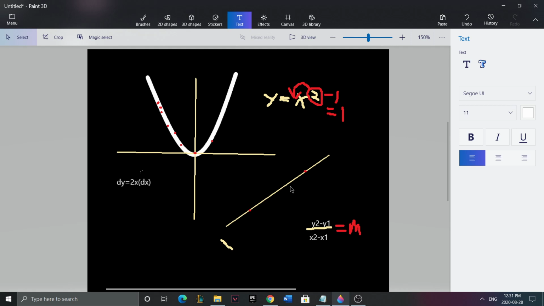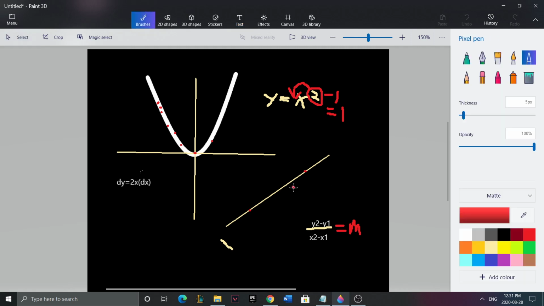So if this line is equal to x, your 2x would be something like this. It would be a lot steeper, because as this number increases, your line becomes steeper and steeper. And as this number becomes a fraction, say 0.5, it would be a very different line. You could put that in your calculator and see what it is.